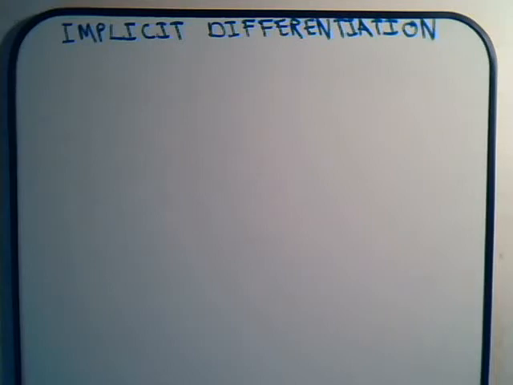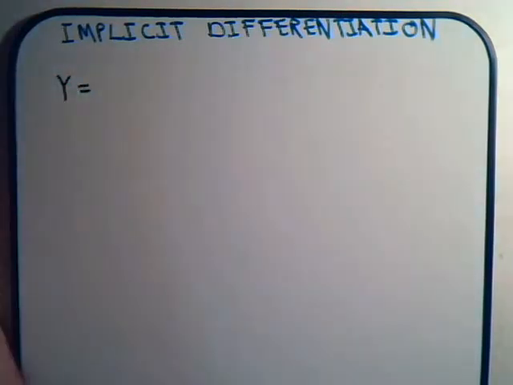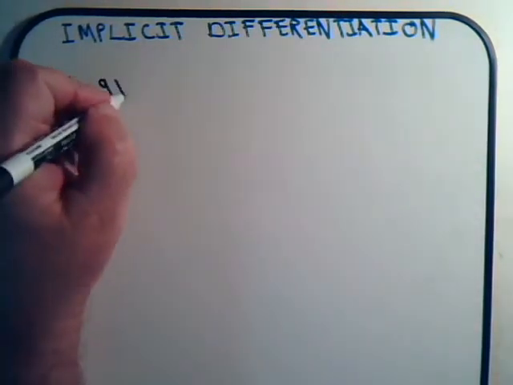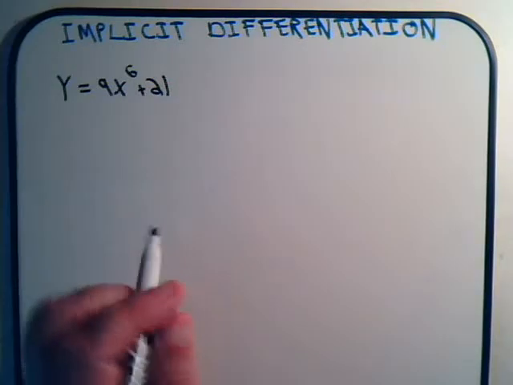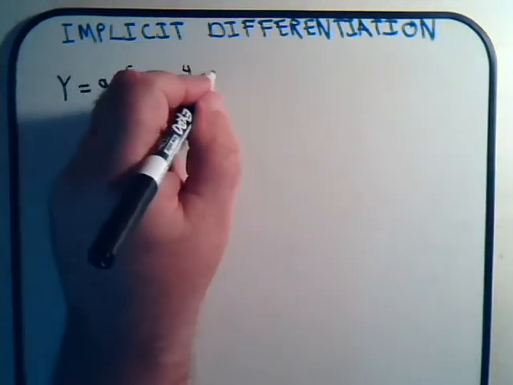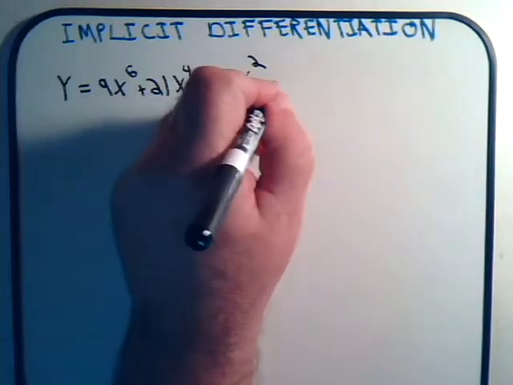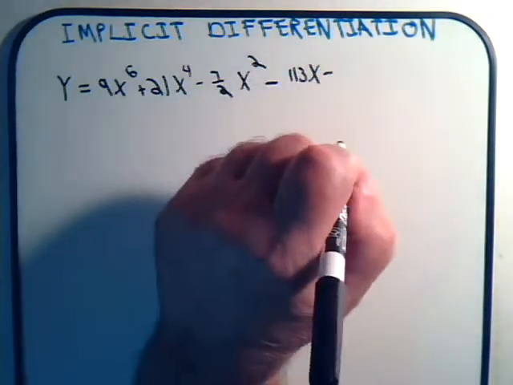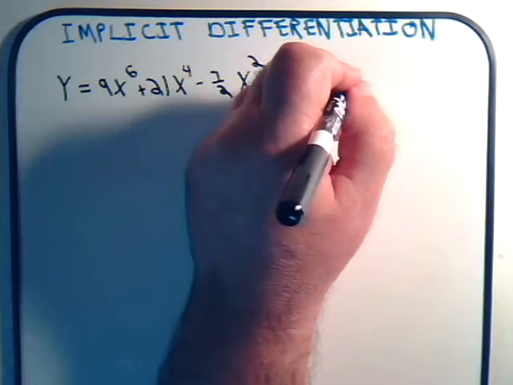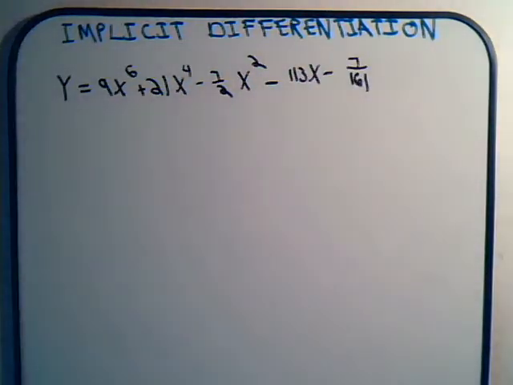To start with, suppose we had an equation where y equals, say, 9 times x to the 6th plus 21 x to the 4th minus 7 halves times x squared minus 113 times x minus, say, 7 over 161. And you want to find dy dx.